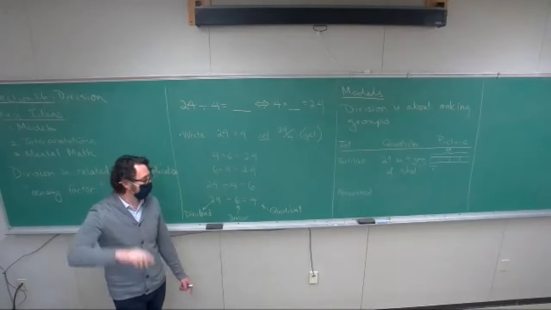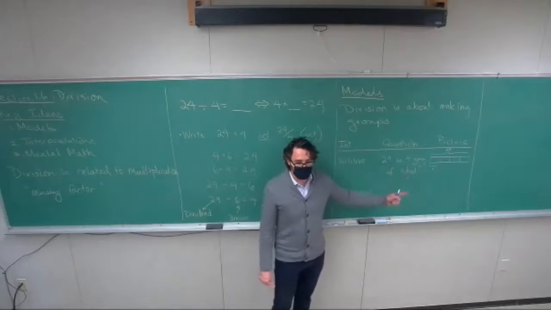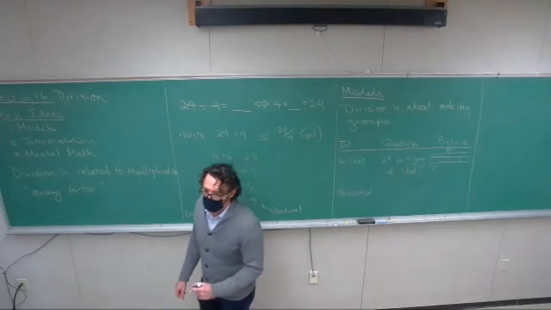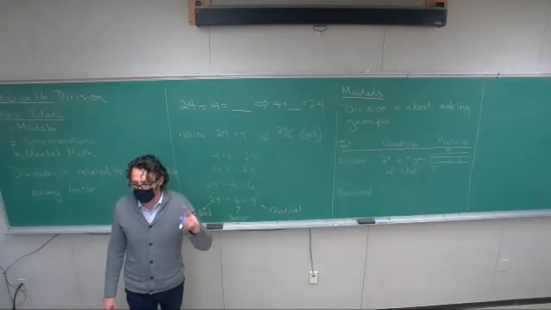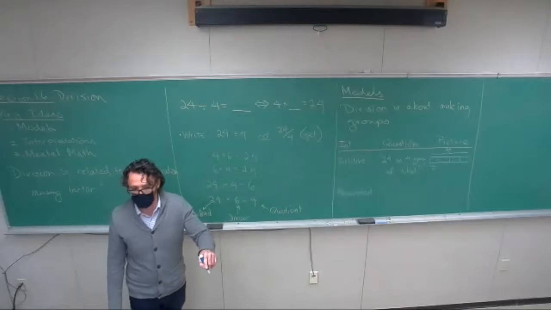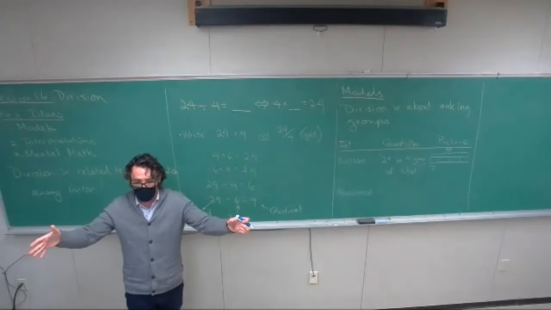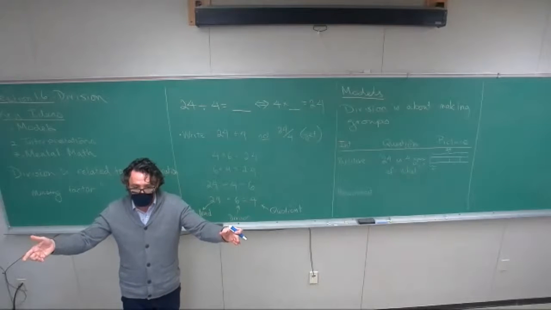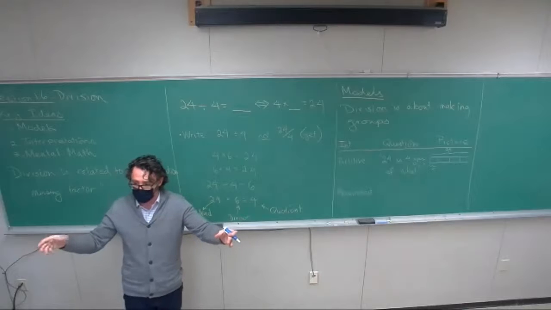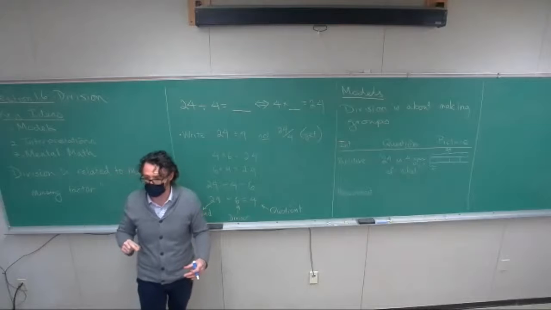I was thinking more about a different way to ask a question like this. How many groups of 24? Okay, we're getting closer here. We wouldn't say how many groups of 24, because 24 is our total, so we have one group of 24, that's the whole thing. How many groups of, let's keep using the same numbers that we have up there. Okay, right, so 24 is how many groups of 4?